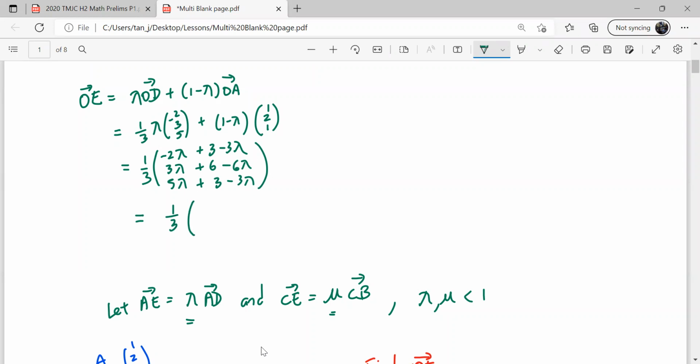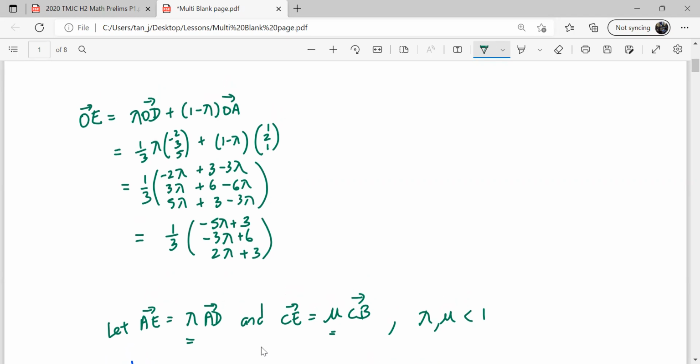Minus 2, so you get 3 minus 5 lambda plus 3, minus 3 lambda plus 6, 2 lambda plus 3. Okay, same thing. This is the ratio theorem. Maybe you need to add in the ratio theorem.